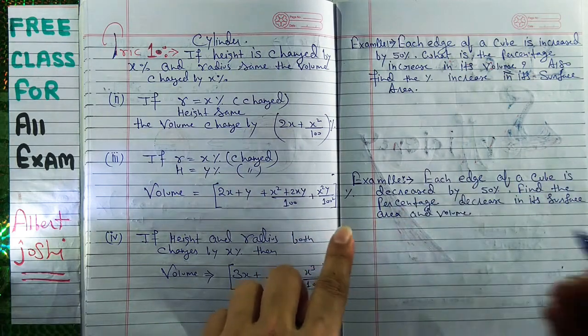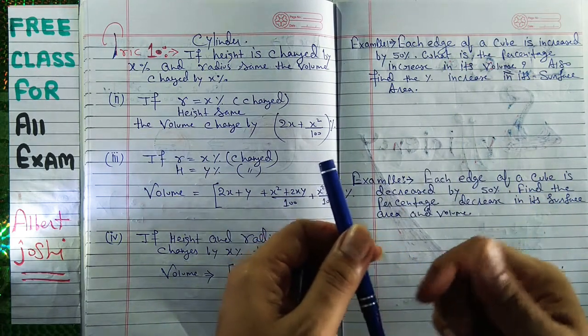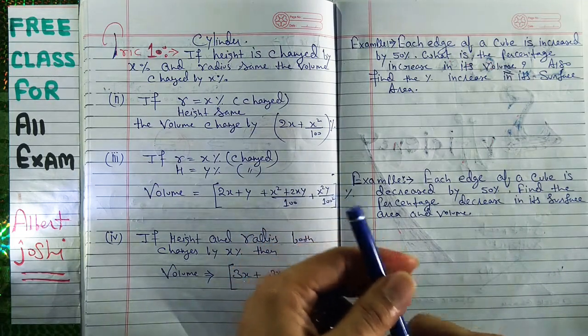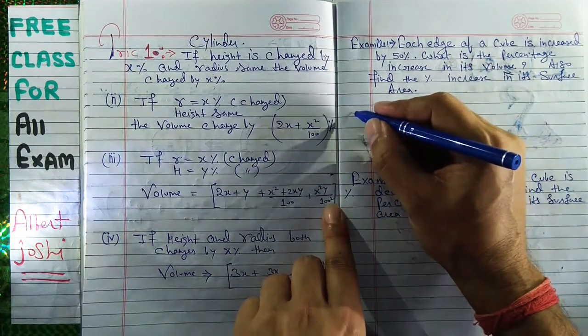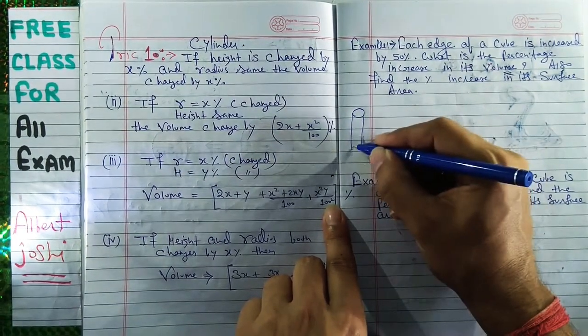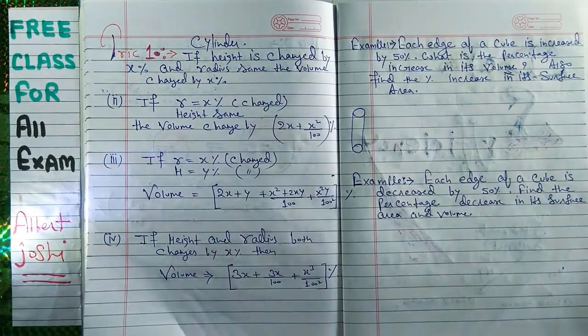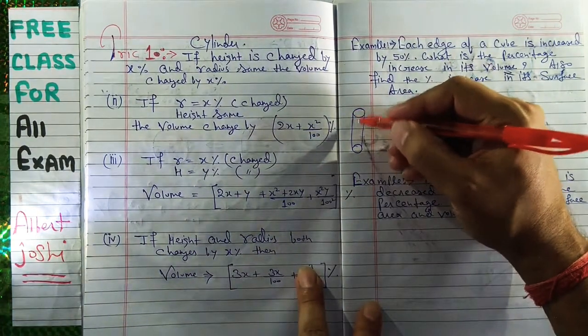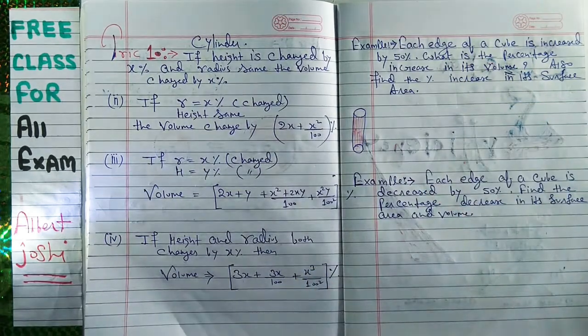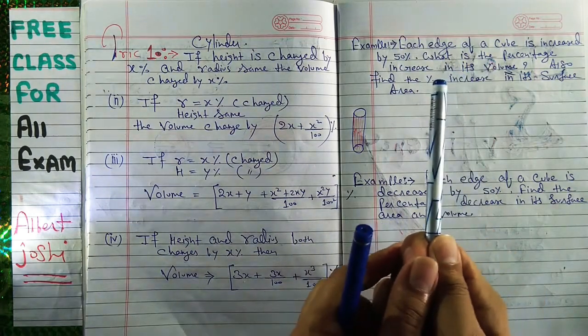Cylinder means a 3-dimensional shape with a round circle, okay.